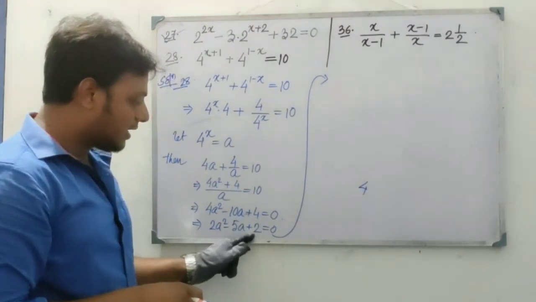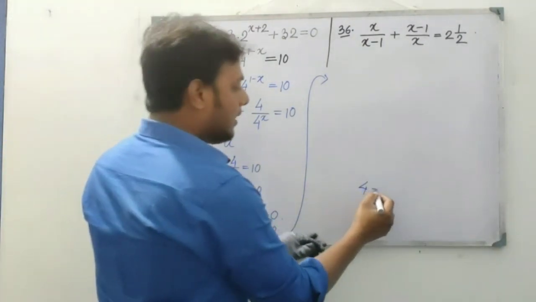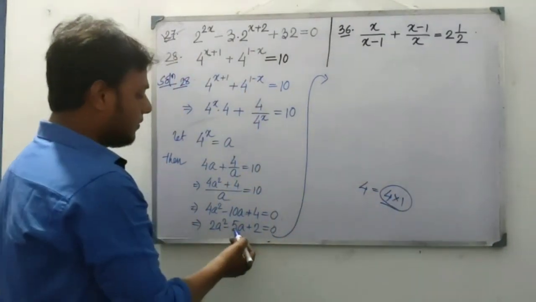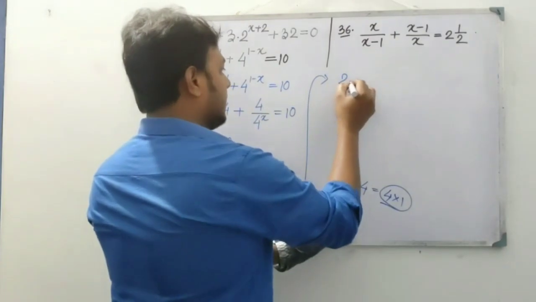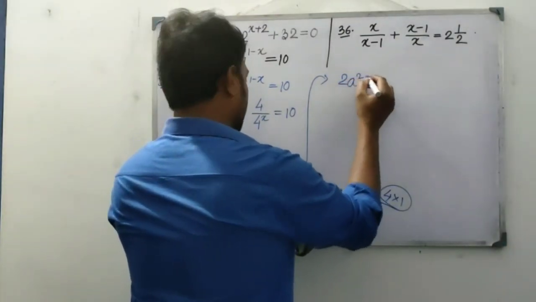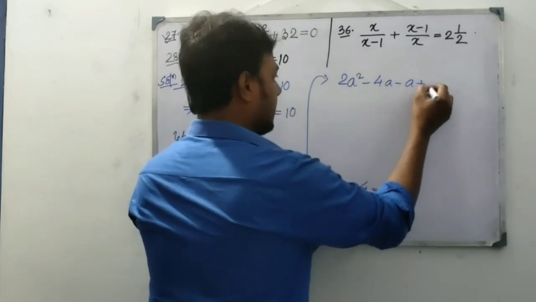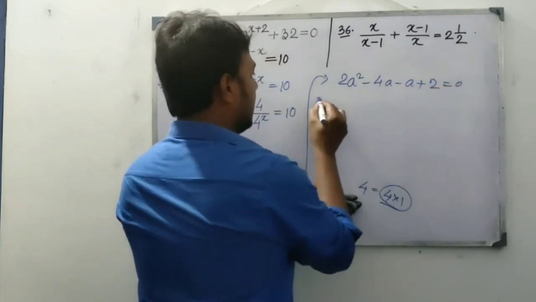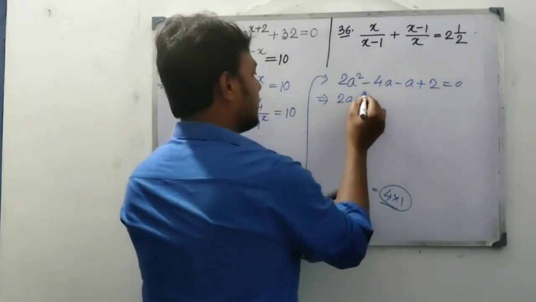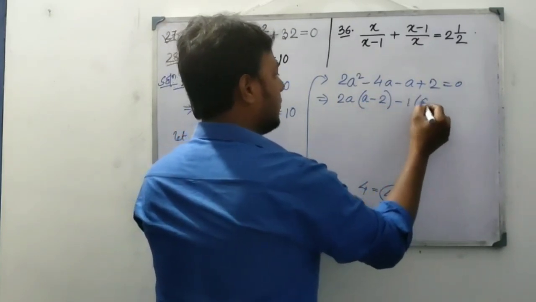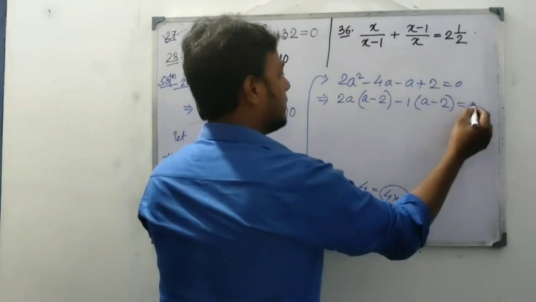Since the last sign is add, 4 can be written as 4 into 1. Easily you can write it, if you add 4 and 1 then you get 5. So 2a square, in the place of 5, 4a minus a plus 2 equals 0. Take common 2a from the first 2 terms, then it will be a minus 2, minus, take common 1, then it is a minus 2 equals 0.